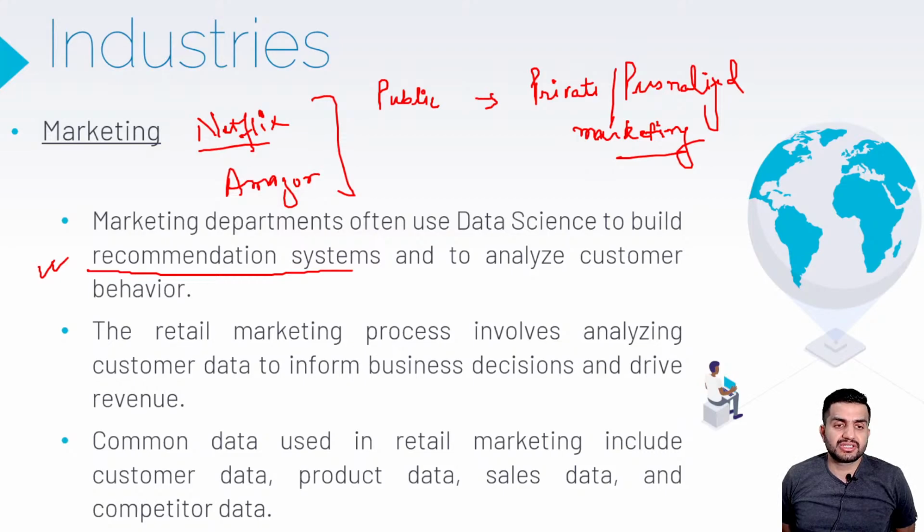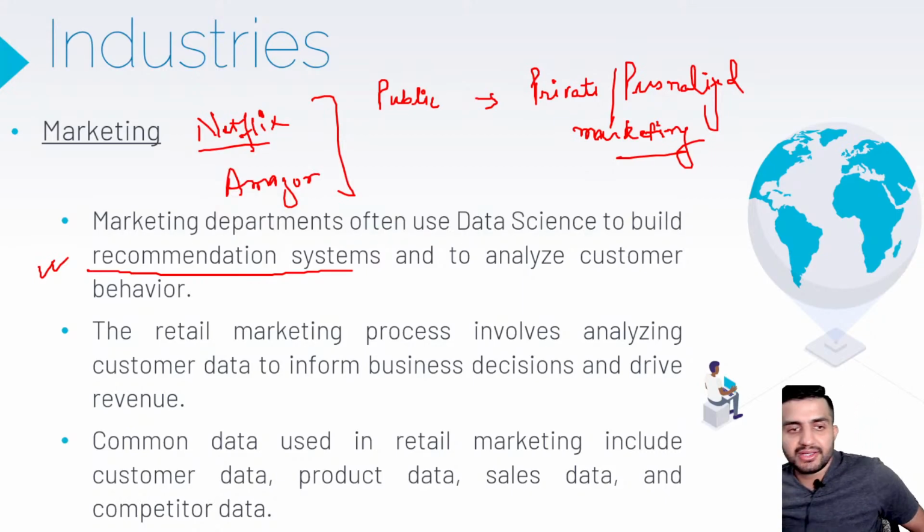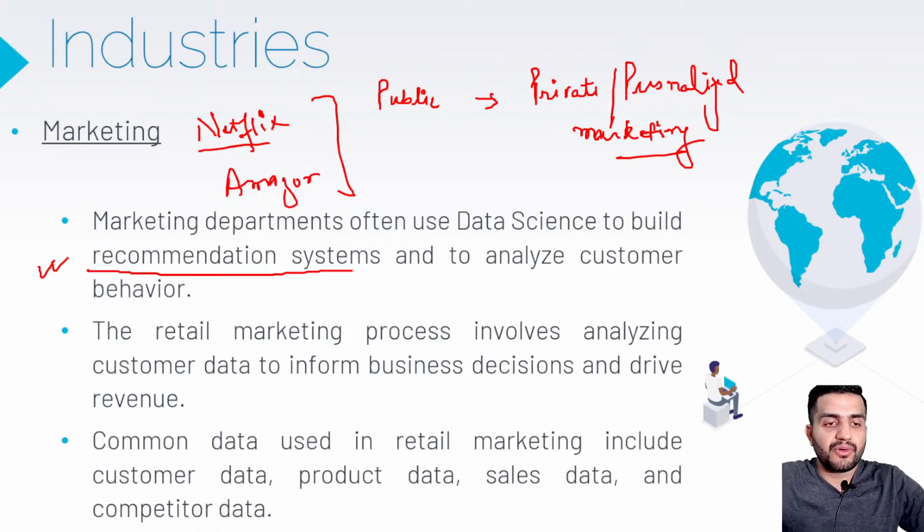So recommendation systems are applicable on multiple other platforms, but the marketing industry is primarily focused on personalized marketing, right? Depending on your behavior, you might have started seeing things in your day-to-day applications as well.